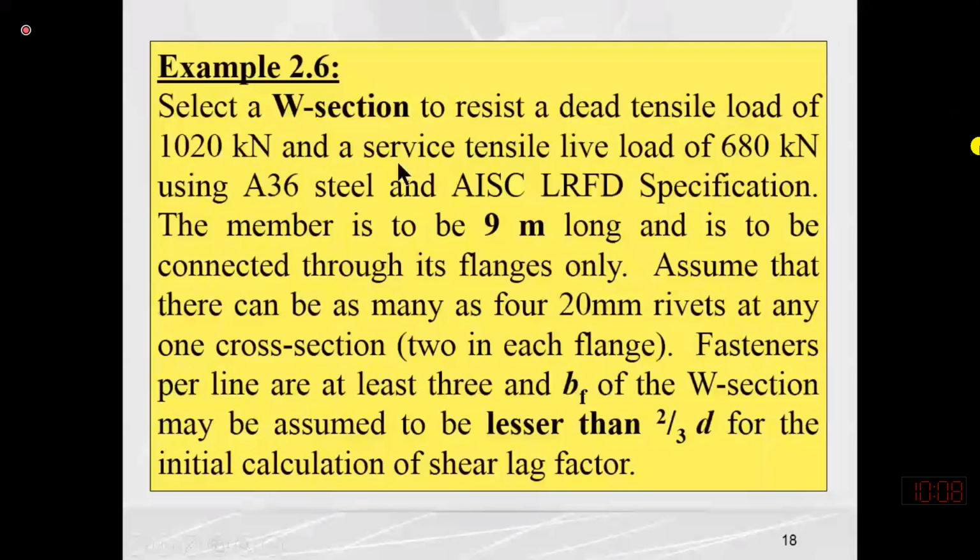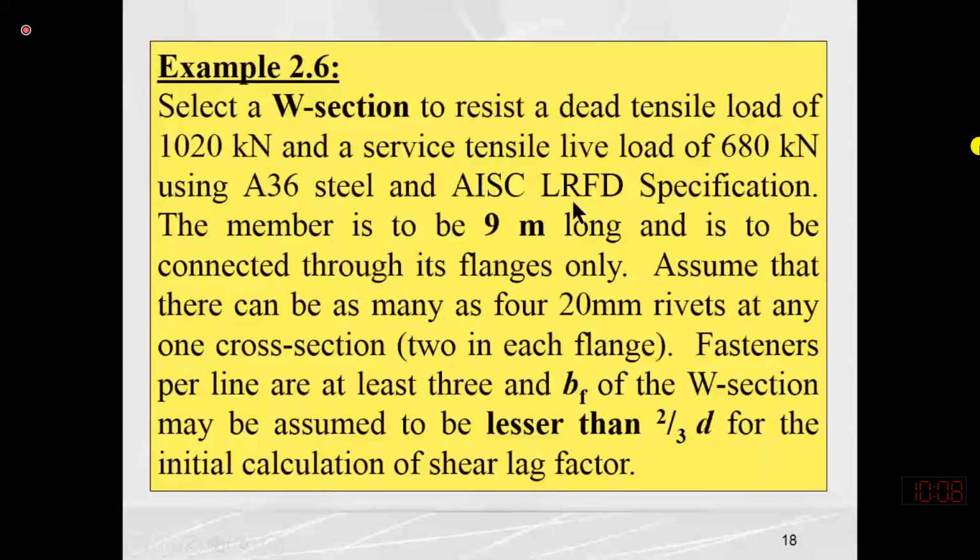Using A36 steel, which means the yield strength of steel is 36 ksi, or in megapascal the yield strength is 250 megapascal and the ultimate strength is 400. Using AISC LRFD specification, so we need to design as per load and resistance factor design, not ASD.